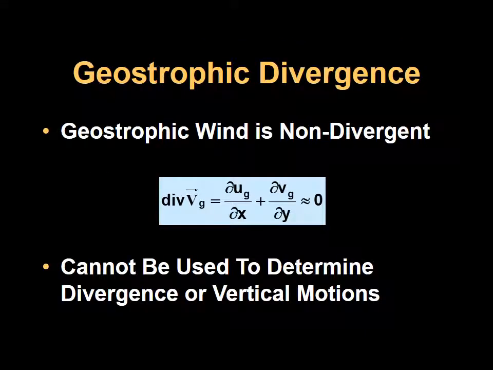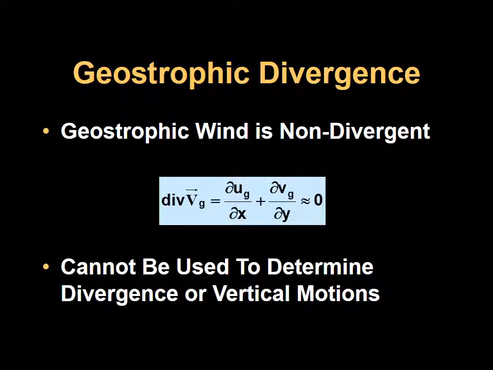Another thing I want to mention that's really important is that the geostrophic wind is non-divergent. What does that mean? Well, it's what we just stated in the previous slides: when the wind is diffluent, when it's spreading out, it slows down and you have convergence. So the diffluent wind is usually offset by confluence in speed.